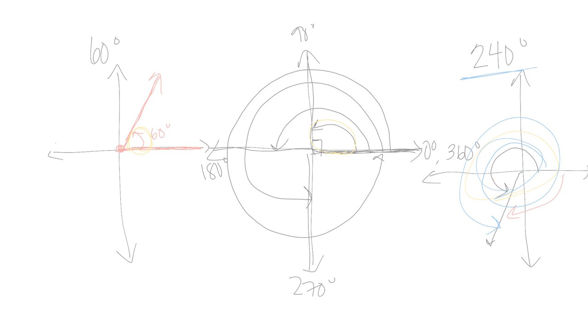Now let's look at negative angles. So first we'll start off with the general. So negative angles, I said, go clockwise instead of counterclockwise like I was doing before. So that means in terms of quadrant angles, you're going from here to here now, so this is going to be negative 90 degrees.